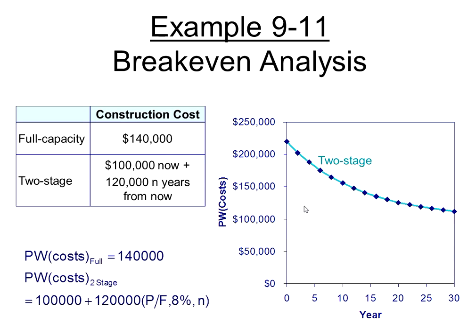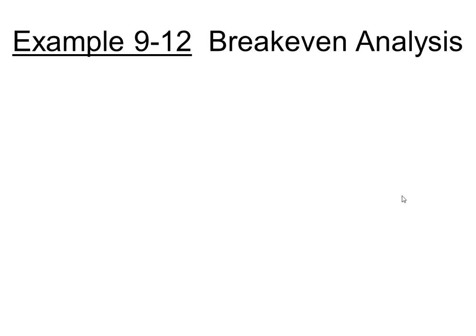The full capacity cost is 140,000, this red line. The two-stage cost reduces depending on the year n, and it will cross the full capacity cost right here. This is our break-even point. So break-even was approximately 15 years.